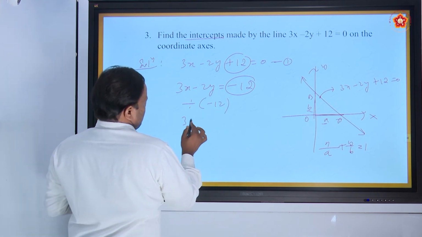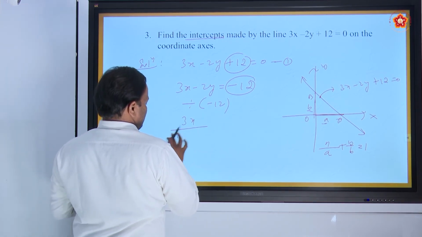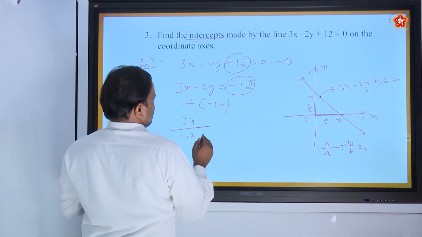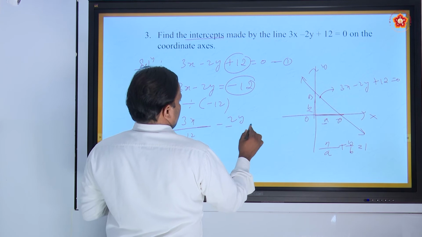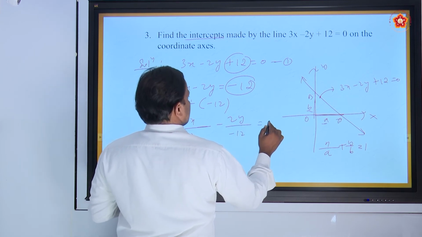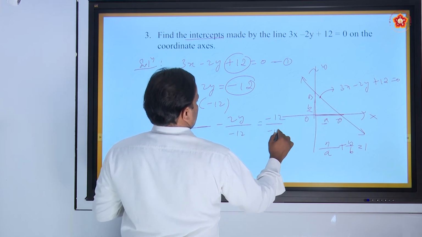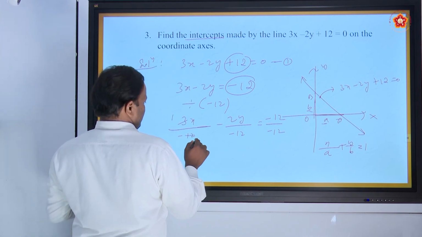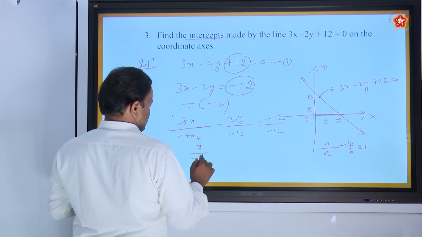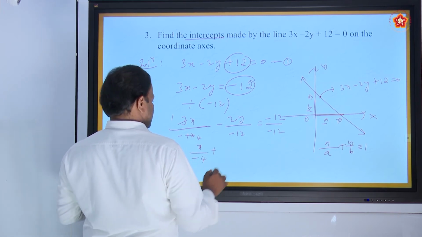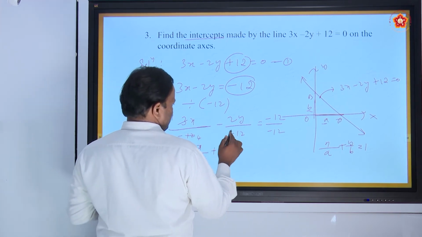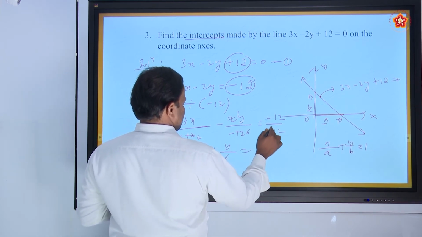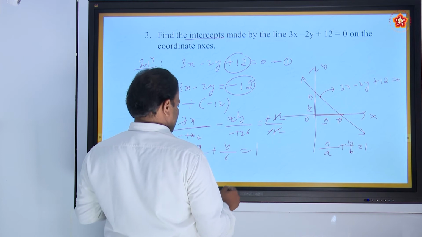What happened? 3x by minus 12 minus 2y by minus 12 is equal to minus 12 by minus 12. Simplification: 3 1s are 3, 4s are x by minus 4 here. Minus minus plus, 2 1s are 2, 6s are y by 6, minus minus get cancelled, 12 get cancelled.